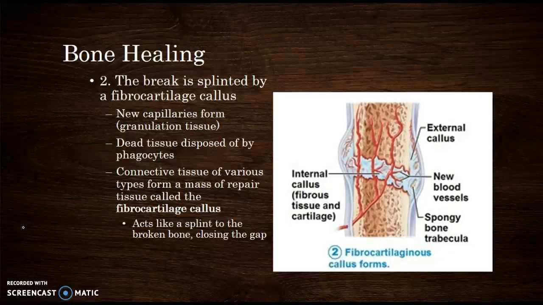We actually talked about granulation tissue back in the integumentary system as well, where if you cut your skin, you have that kind of delicate pink tissue forming. Then you have connective tissue come and literally form a kind of splint over the injured area, and we call this a fibrocartilage callus. So basically this is kind of the beginning of getting that bone back in place and closing the gap between your two broken bones.